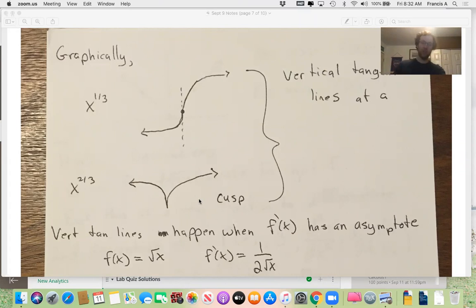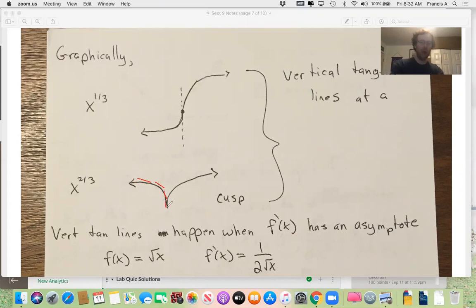There's another picture that can happen, and that is, for instance, if you graph x to the 2/3. And here we get what is called a cusp. If you graph this, it looks strange, but if you think about what is happening to the tangent lines, as you're moving in towards this point here, these tangent lines are getting steeper and steeper.